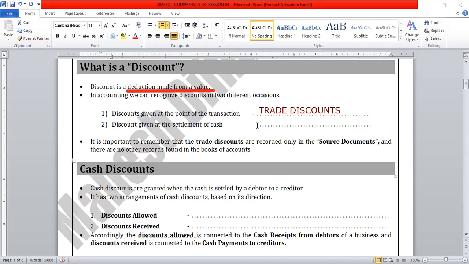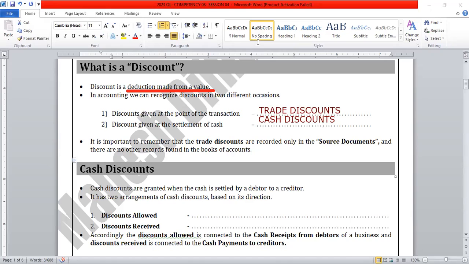That discount is called cash discount. So there are two discounts.